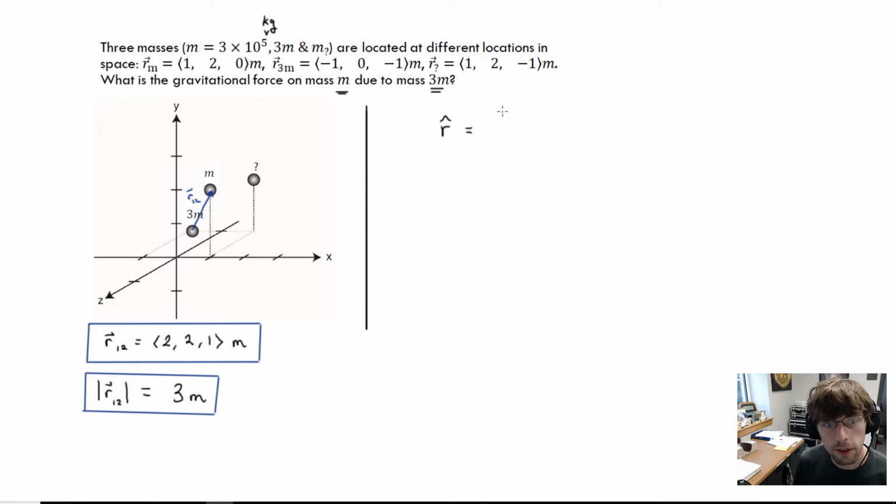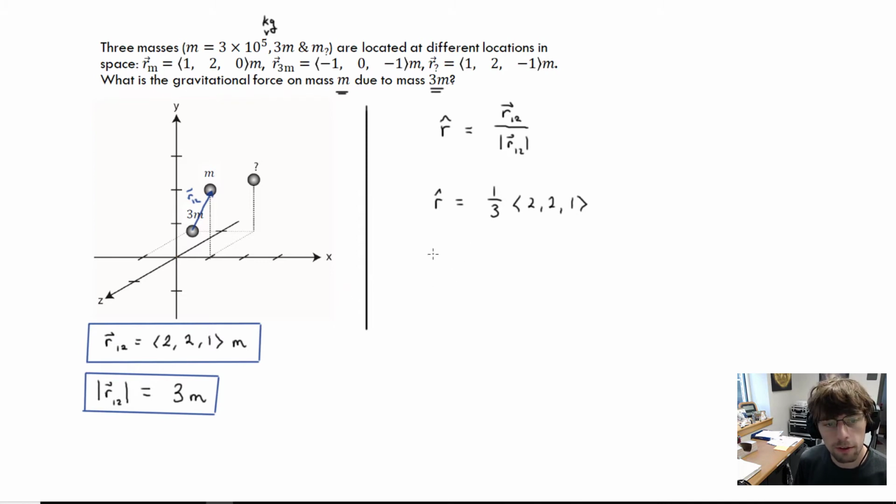You take the regular vector, say r 1, 2, and you divide by the magnitude of that vector. You've already got the pieces that we need here, right? We've got the regular vector, and we've got the magnitude. So now we just need to take those two pieces and plug them in here. So we get that r hat is simply 1 over 3, there's our magnitude, times 2, 2, 1.